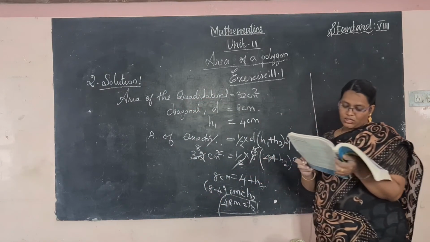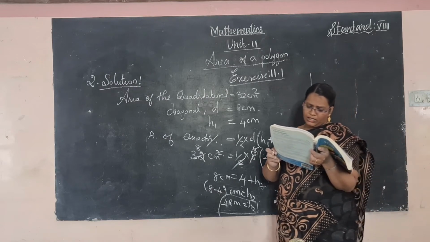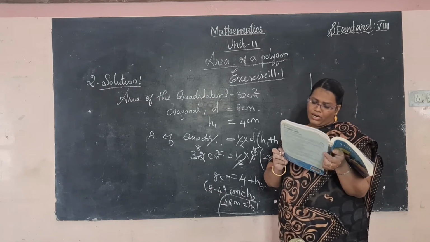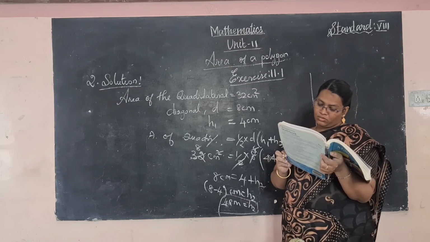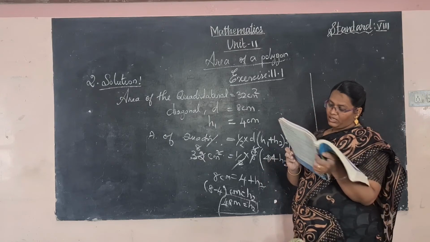Next, the third problem. The area of the rhombus is 960 centimeters square, and if one diagonal is 32 centimeters, find the other diagonal.